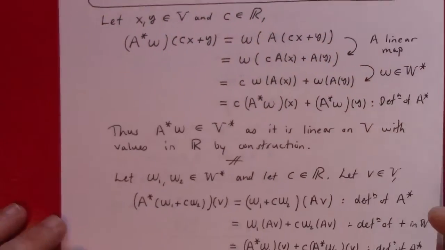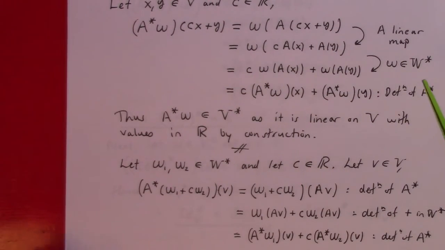What's cool is if you have a basis beta for V, basis gamma for W, and then for the dual map I have basis gamma star and basis beta star, where those are the dual bases.